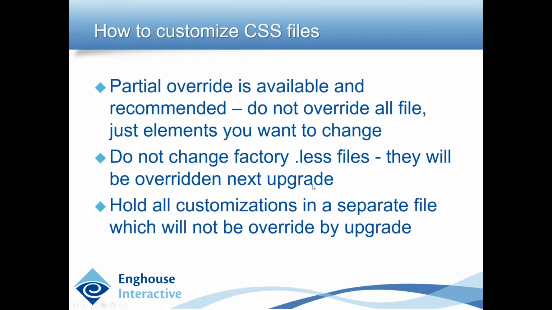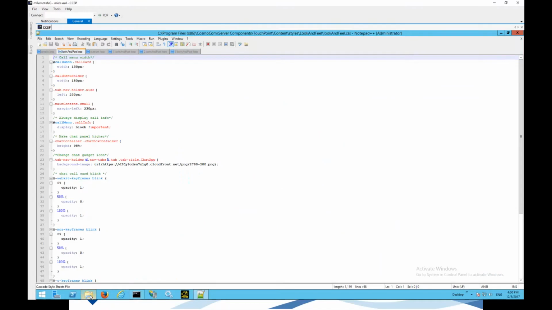Another thing, don't change any of the factory files, either the less file or the CSS file, because they will be upgraded and we will override your changes. So what we recommend is to do the changes here in the server.